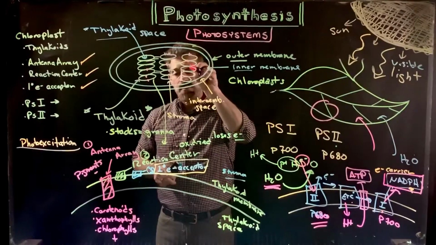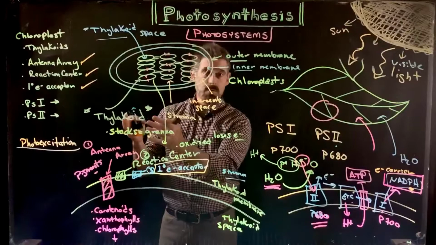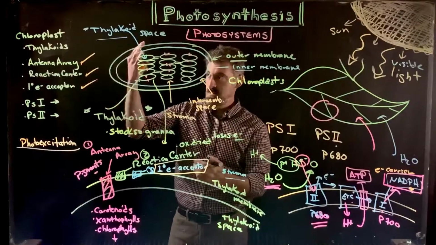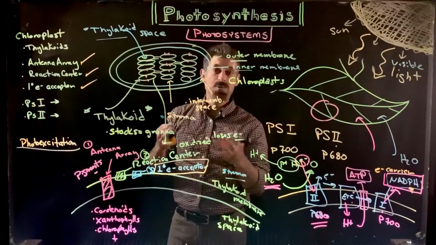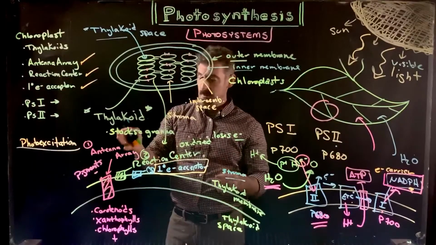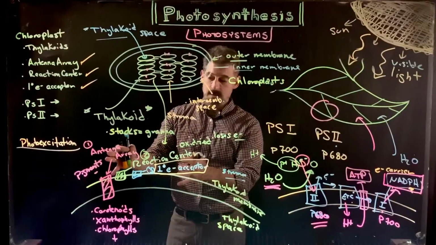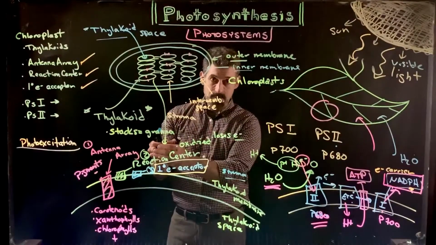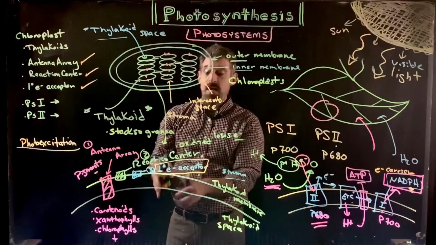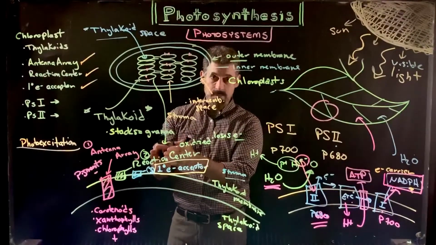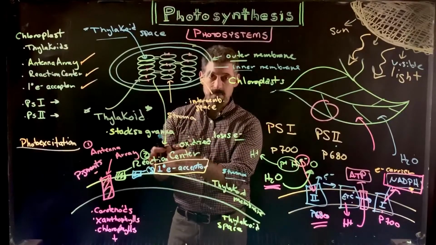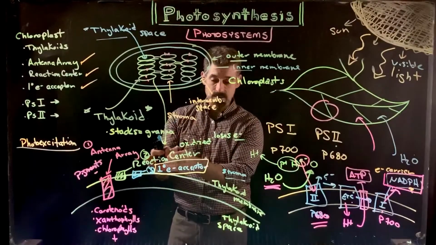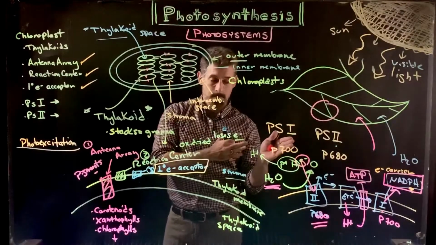At the membrane of the thylakoid is where we have all the reaction centers and all the pigments. This is where the photosystems are located. The photosystems are all the pigments, the antenna array, the specific pigment called the reaction center chlorophyll, and then a primary electron acceptor that will always take the electron from the reaction center chlorophyll and pass it on.